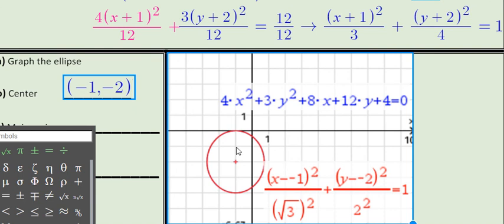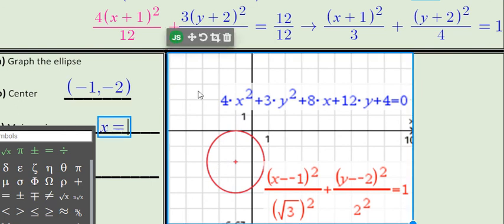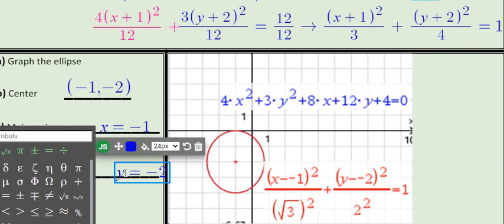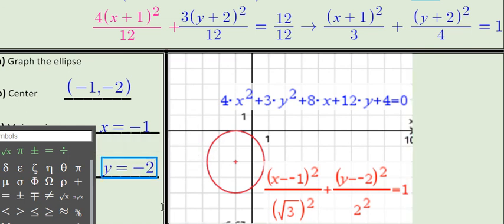So here I'm going to take the x is -1, and the minor axis, left to right, y is -2. And that's how we can use complete the square to determine the equation of an ellipse.